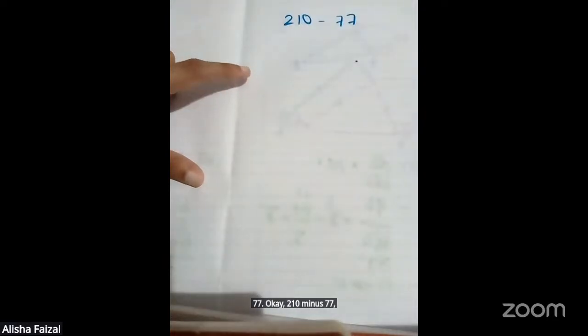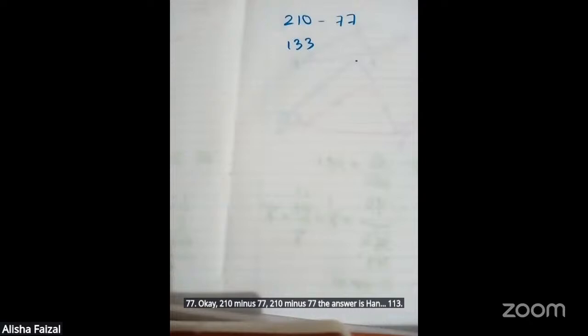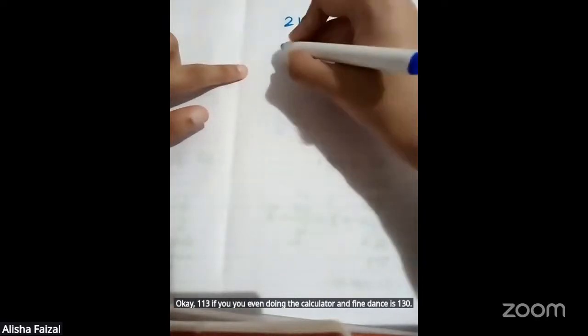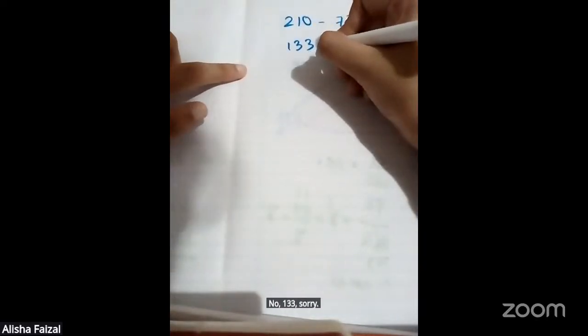So 210 minus 77, the answer is 133. No, sorry, 133 meter square, because it's area, so meter square.